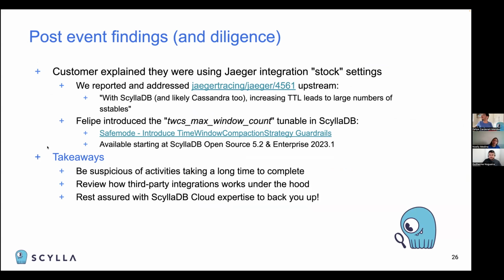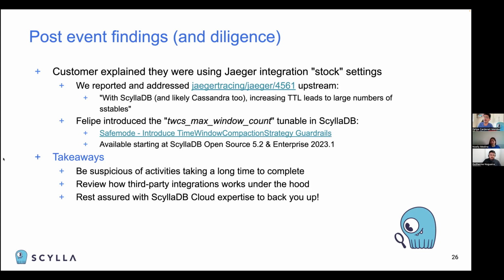Why were they using such a low bucket, generating such a high number of files? The customer explained that they didn't exactly create those tables. They were just integrating the Jaeger tool to Scylla, and Jaeger was responsible for creating the tables accordingly.